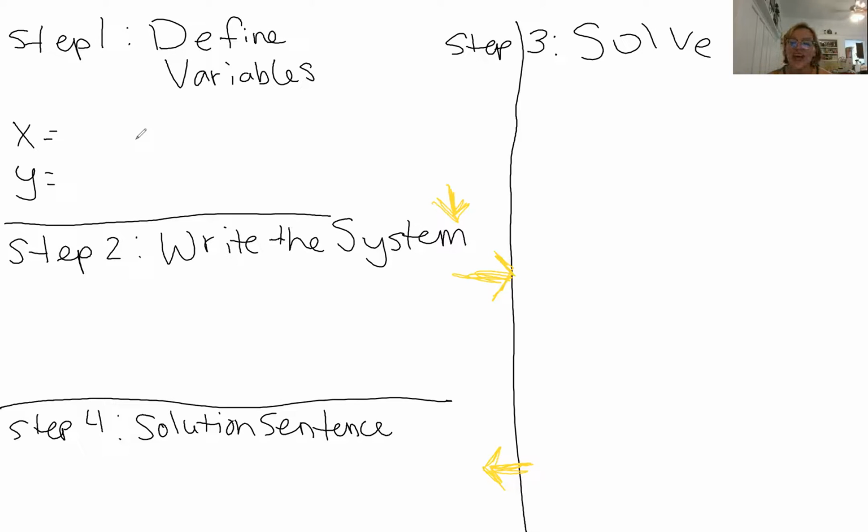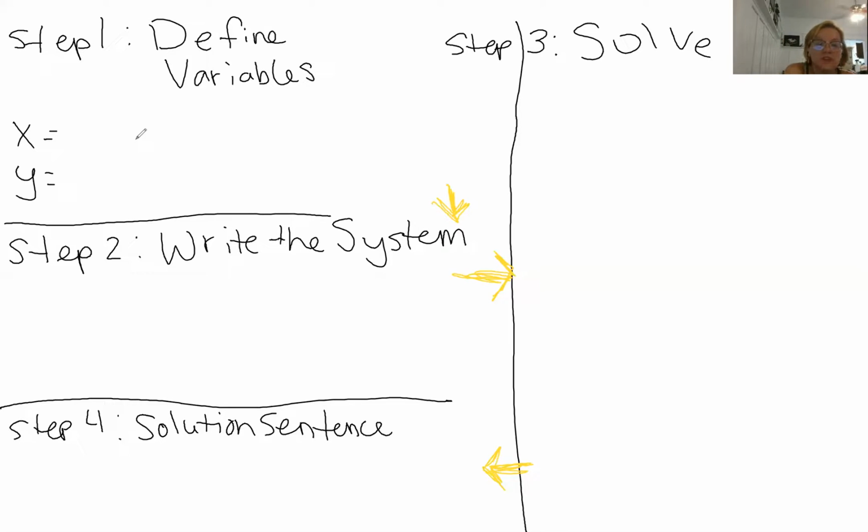The question asks, how many of each type of ticket did you sell? So we want to know how many student tickets we sold and how many general admission tickets we sold. Those are our unknowns. Those are going to be our variables.